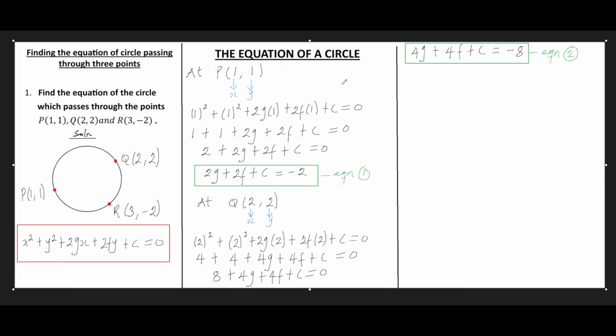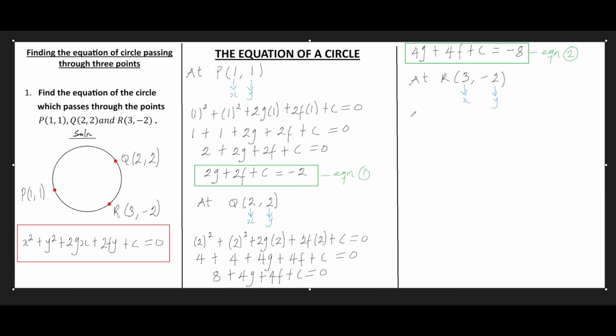Sorry. So now let's also substitute the last point, which is point R. So at point R, with coordinates 3, minus 2. This is our x coordinate and this is our y coordinate. So again, we substitute point R into the general equation of a circle.